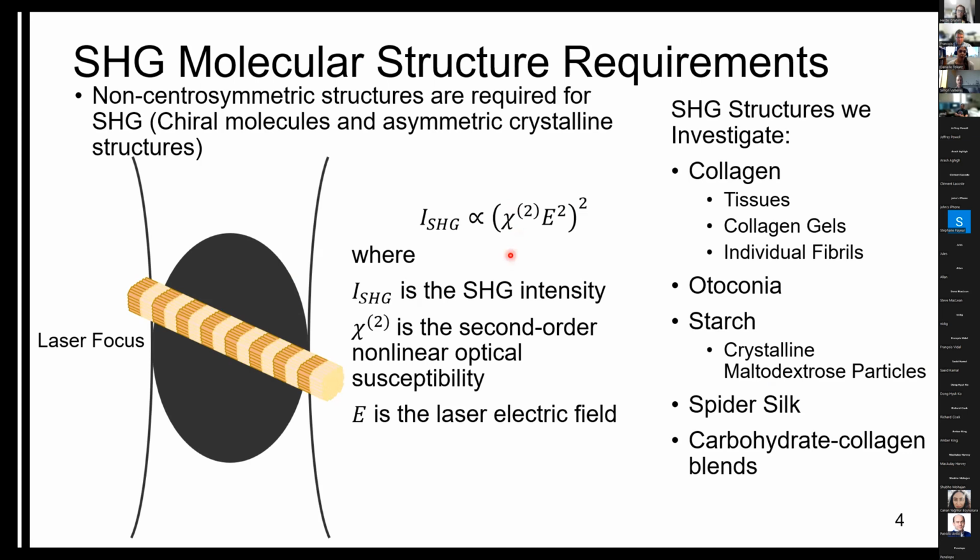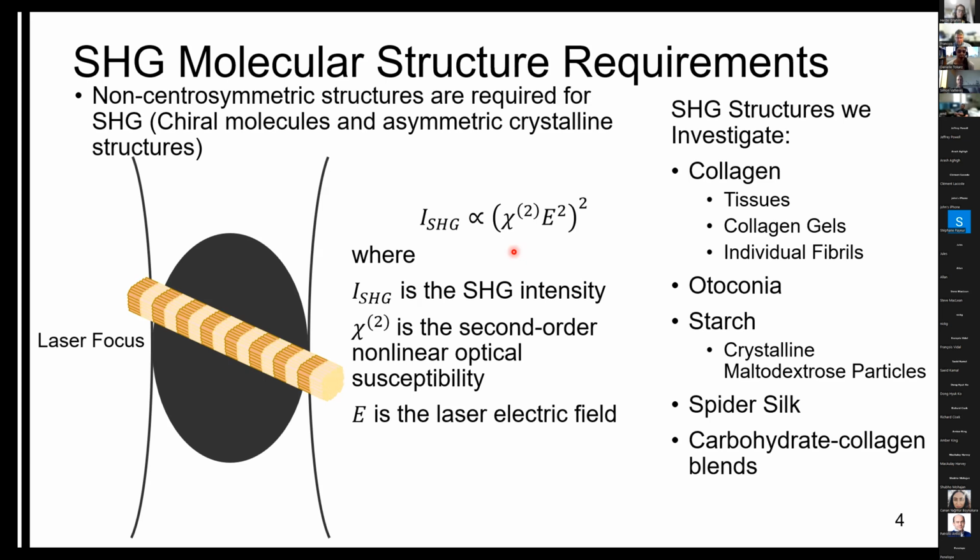So only molecules with non-inversion symmetry give rise to a high enough Chi2 value to generate SHG signal, as well as their arrangement in the focal volume must be asymmetric. So therefore, typically chiral molecules arranged into asymmetric microcrystalline structures with sizes of at least 100 nanometers are required for SHG.